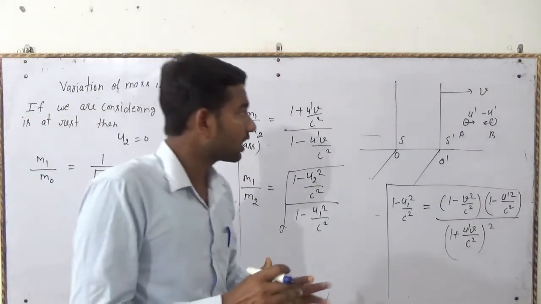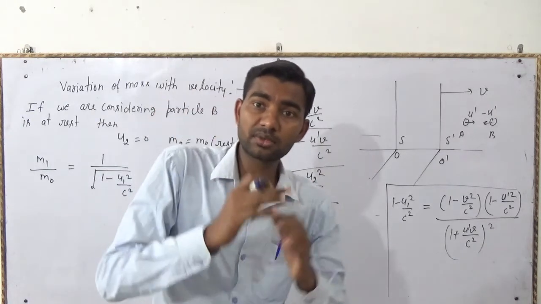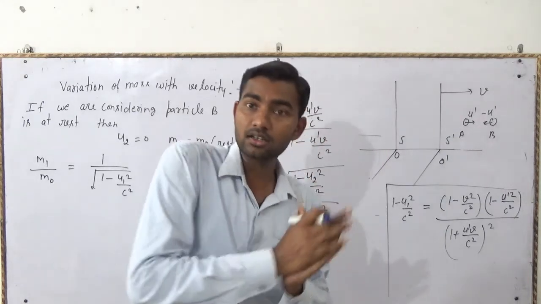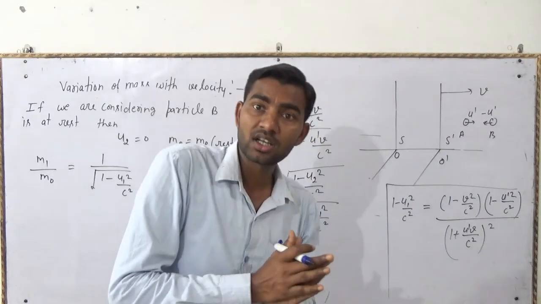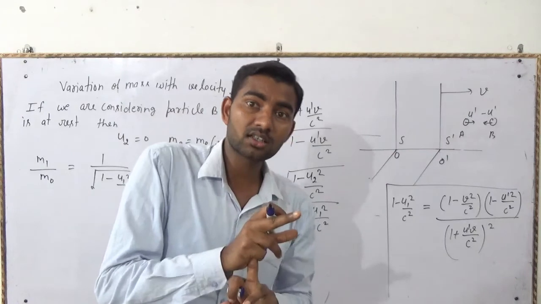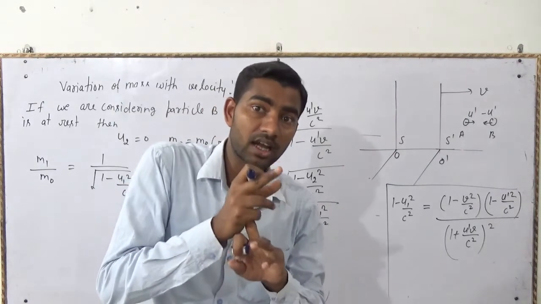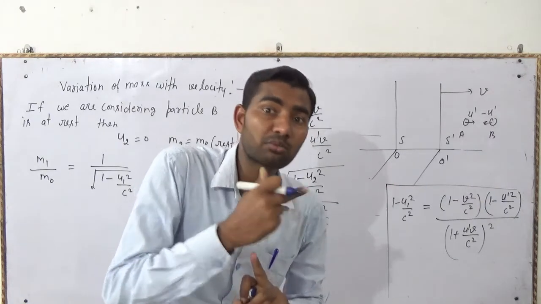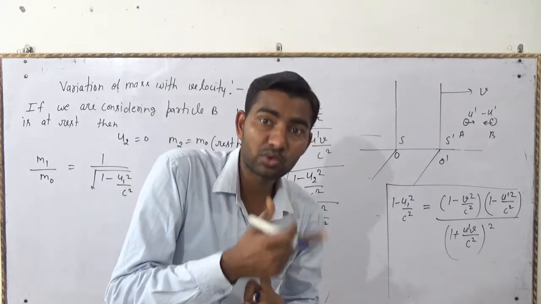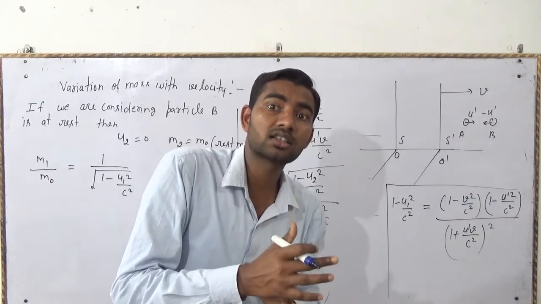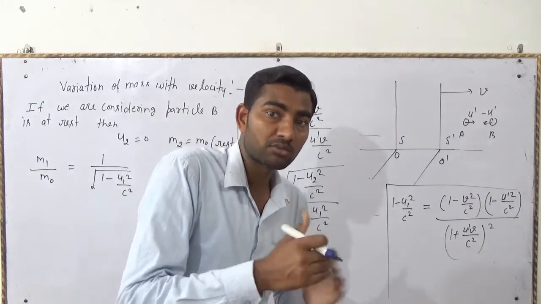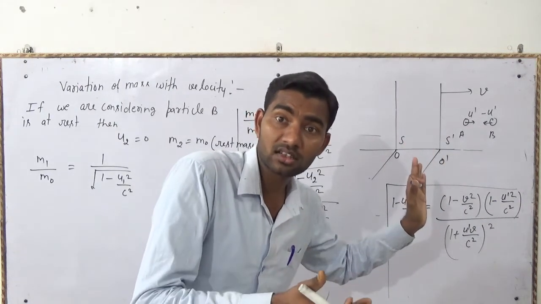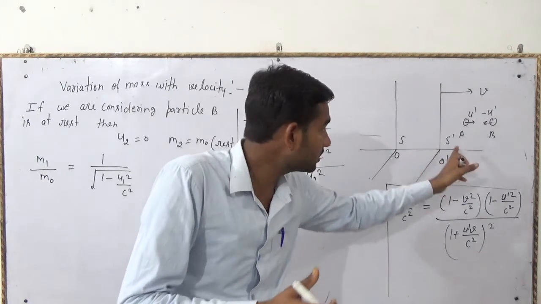And if at the place of two particles we consider one particle, because both particles are identical, it was my assumption also, then for one particle we can say that at rest position its mass will be m naught, and in motion, in what direction is the motion of this particle?